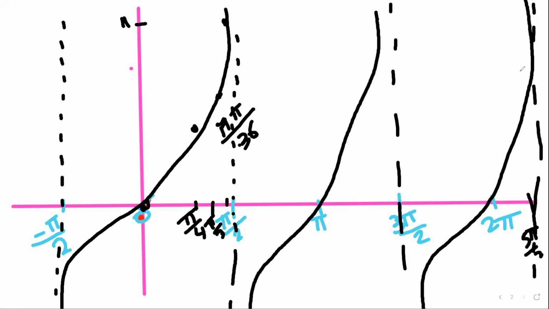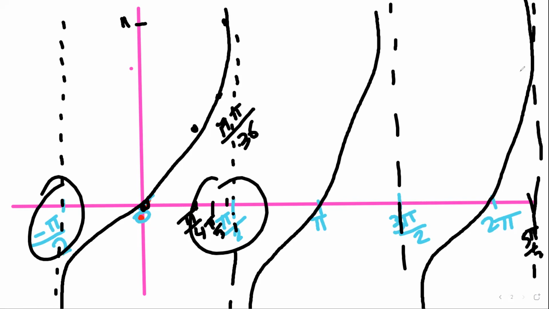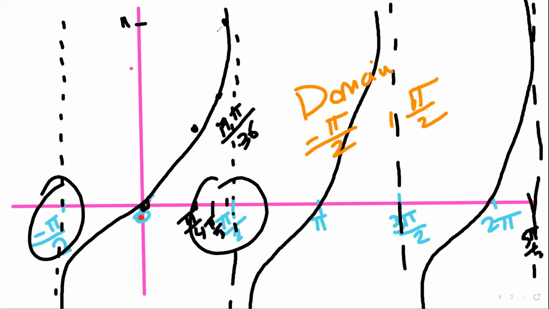Now, for the domain of the tan, it is from negative pi over 2 to pi over 2. It's like the sine. But the thing that's different here is that both negative pi over 2 and pi over 2 are not included.